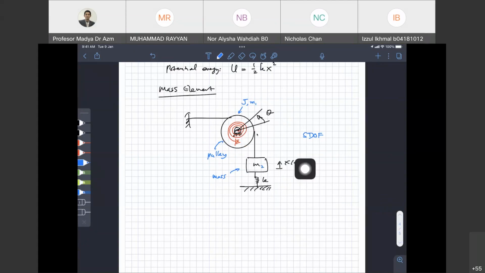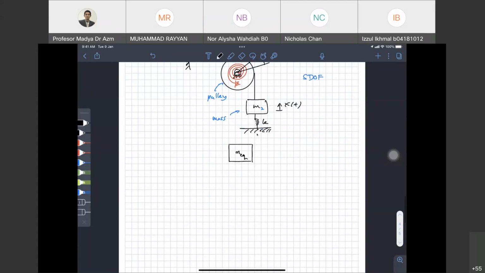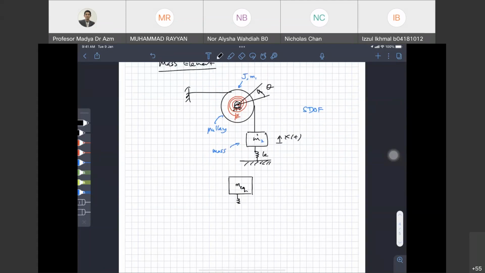They are dependent. So single degree of freedom. So if we want to model the mass of the system, then you have to come up with equivalent mass. What is the equivalent mass? And also the stiffness. What is the equivalent stiffness?